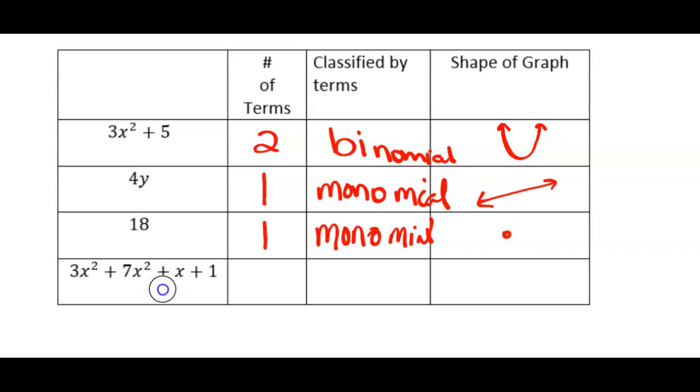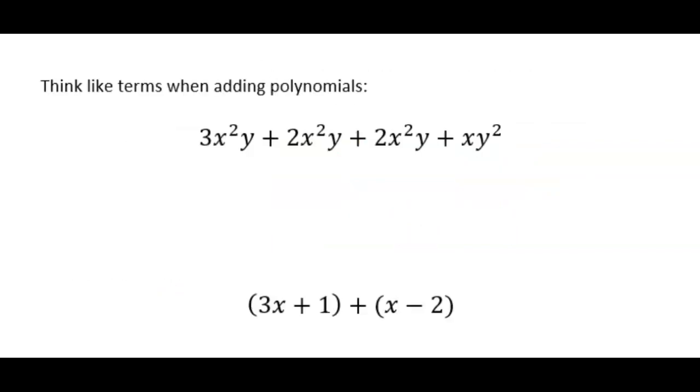I think we'll do this next one together in class. All right, let's look at this. So as I am talking, I am thinking like terms when I'm adding polynomials. So here I have a polynomial plus polynomial plus polynomial plus polynomial, right?